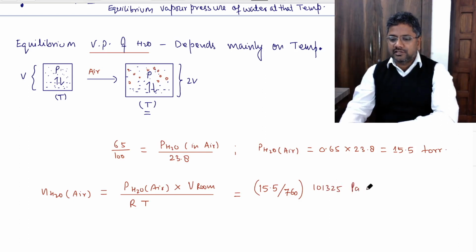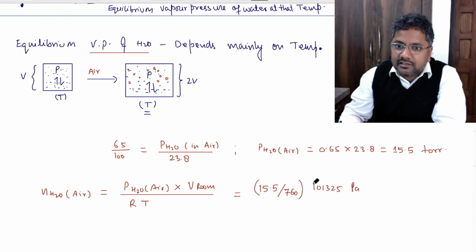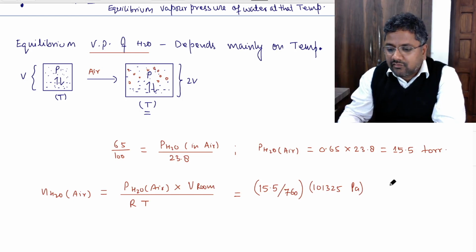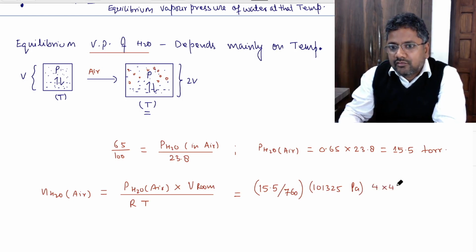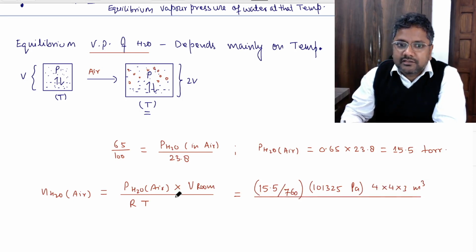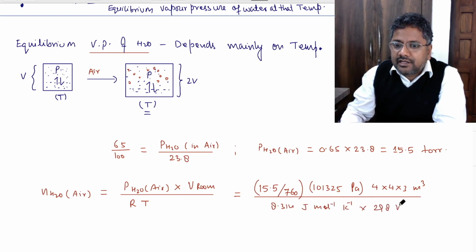So now this is pressure, and the volume is 4 into 4 into 3 meter cube, divided by R, which is 8.314 joules per mole per Kelvin, and temperature is 298 Kelvin.